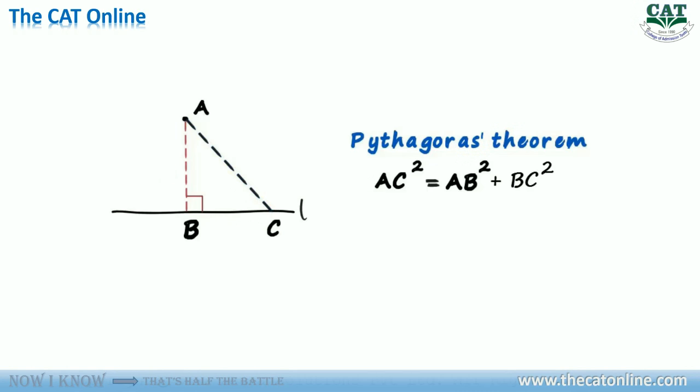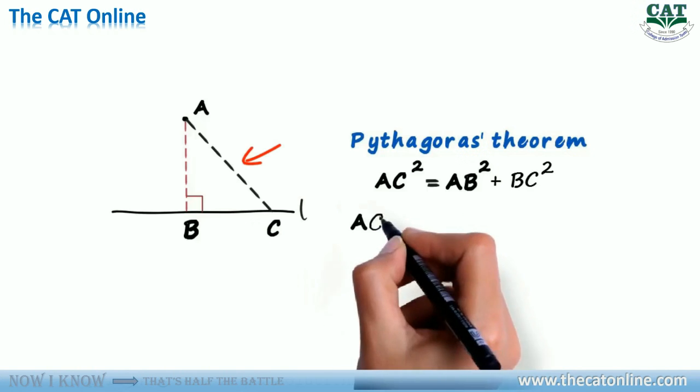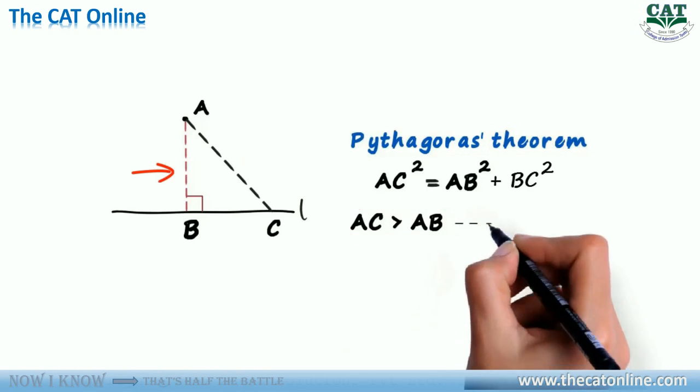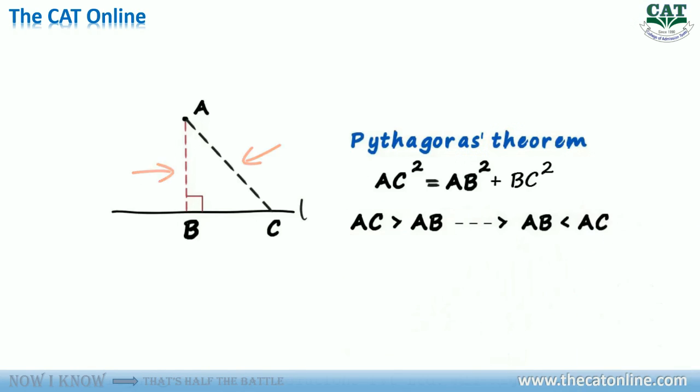Using numerical values, we had found out that the hypotenuse is always the longest side in a right triangle. Since the hypotenuse is the longest side in a right triangle, we can say that AC is greater than AB. AC is greater than AB, then it implies that AB will be less than AC. This perpendicular length is less than this length.